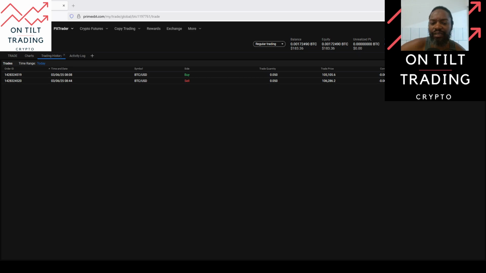There was about a $6 and change risk on this, 6.56. So there's about a 9-to-1 reward to risk ratio on this trade. A very good risk to reward ratio in my opinion.